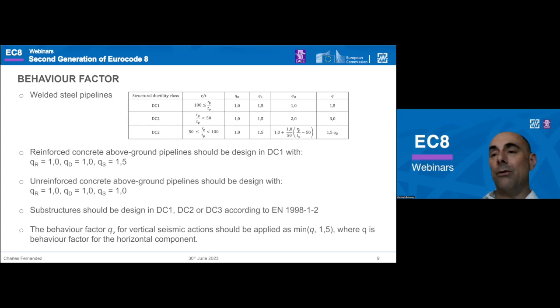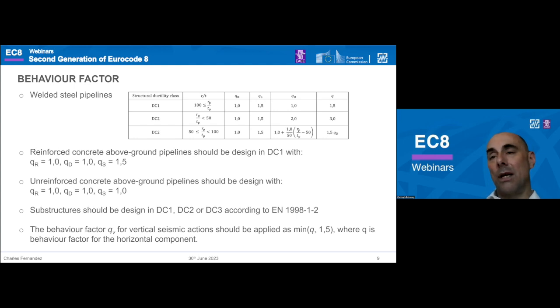Regarding the behavior factor for vertical actions, it is again the minimum of Q and 1.5. So the Q that is taken for the horizontal direction of the seismic action, and 1.5 because usually the energy dissipation in vertical direction is somewhat limited.